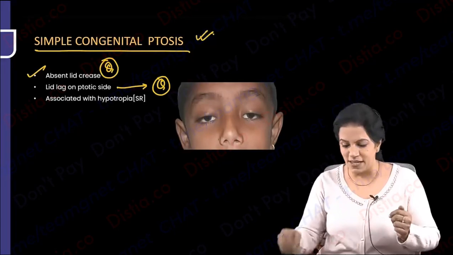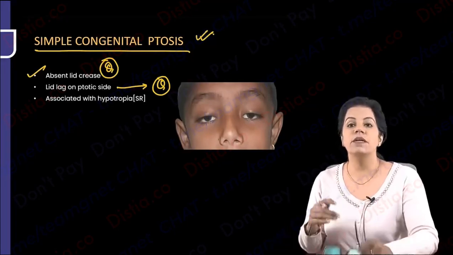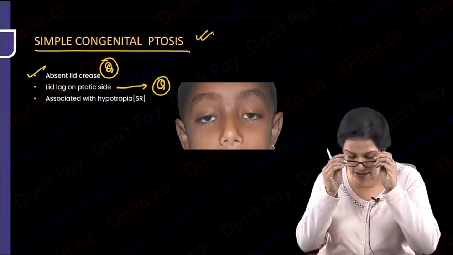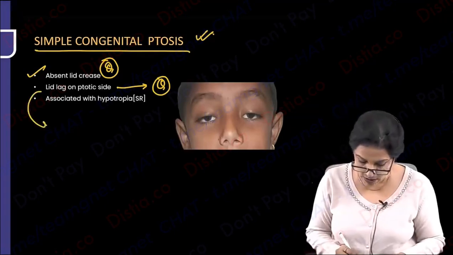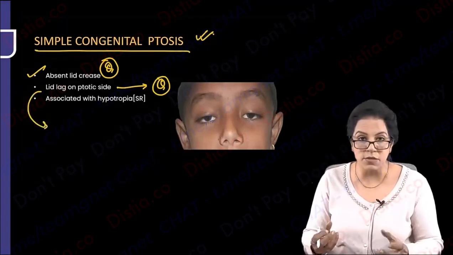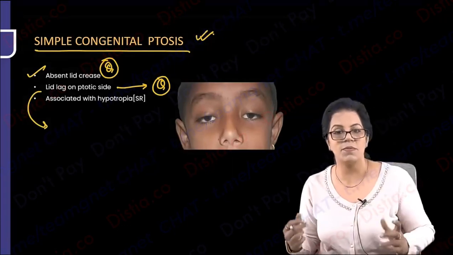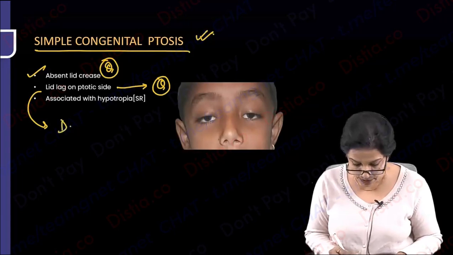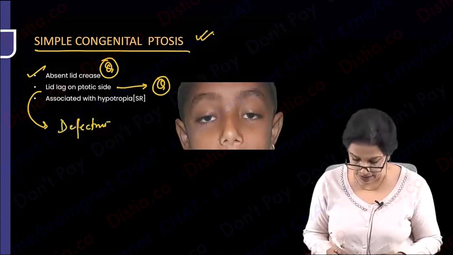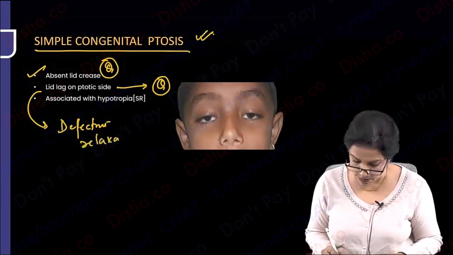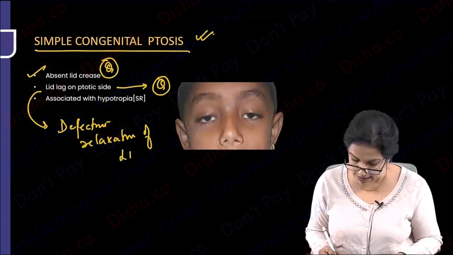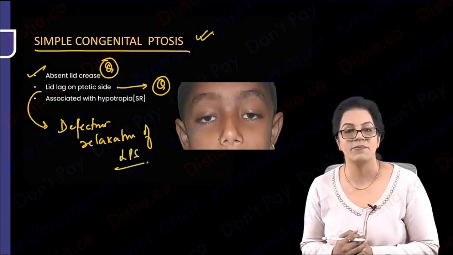And why is this happening? This is important. LPS is not formed properly, therefore there is not only defective contraction but also defective relaxation of LPS. Okay, so because LPS is not formed properly, there will be defective relaxation as well, and because of that there is lid lag on the ptotic side.